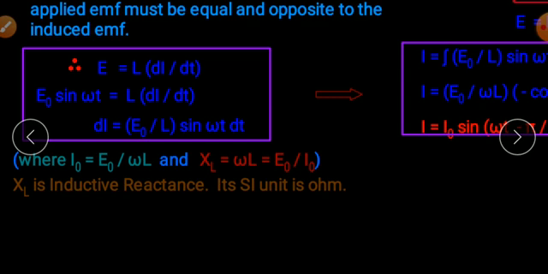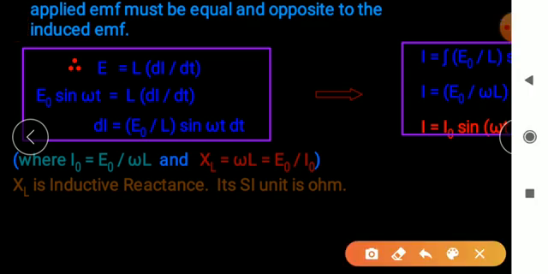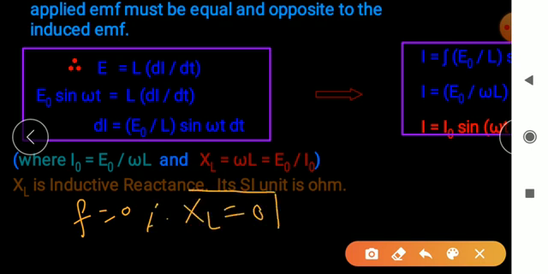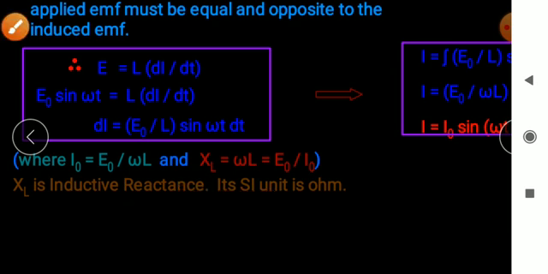In a DC circuit the frequency f equals 0, so XL equal to 0. That is, pure inductance offers zero resistance to DC.